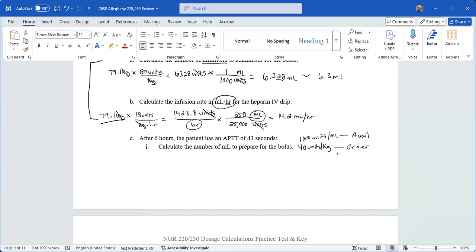So go ahead and use that information, and I want to see that you can get to the same bolus information that I got using those three pieces of information. So 79.1 kilograms is what the patient weighs. The order is 40 units per kilogram. The available is 1,000 units per milliliter. So tell me how many milliliters you would calculate for the new bolus. You can just type it into the chat once you get an answer. I just want to make sure you can do it.